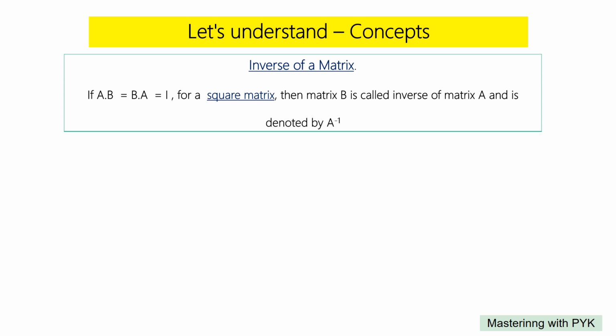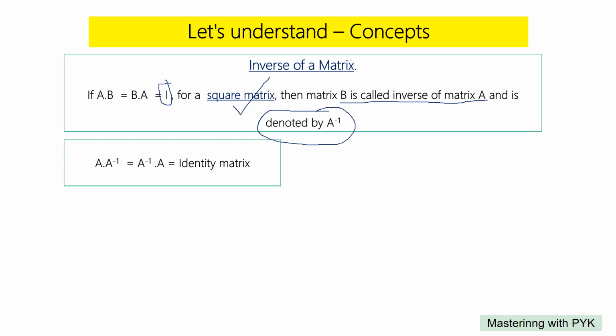Now what is the inverse of a matrix? We have learned about the transpose of a matrix. Now we'll be understanding the inverse of a matrix. Inverse of a matrix means if there are two matrices A dot B and B dot A, and the product is I, that is an identity matrix, and the matrix is also a square matrix, then B is called the inverse of matrix A. It is denoted by A raised to minus 1.